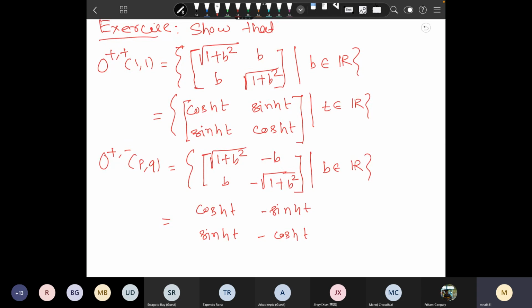See, the first diagonal entry has to be greater than 1. This is sqrt(1 plus b squared). Yes, yes, O plus minus, sorry.